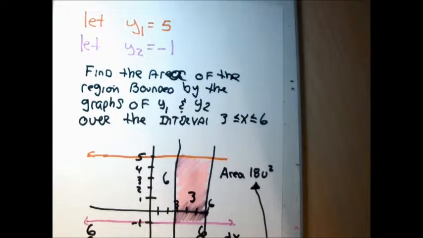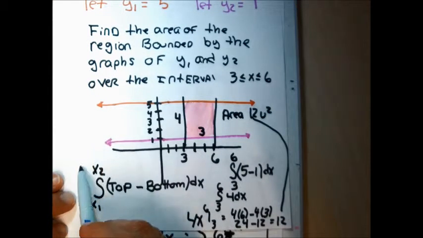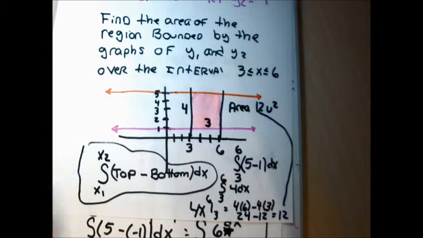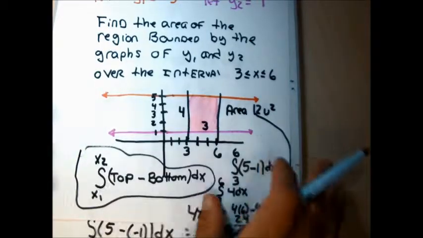So let me get into the section, and for every problem in this section, I'm going to use this strategy to find the area between two curves over a specific interval of x's. So I just need to identify both the top and the bottom function.